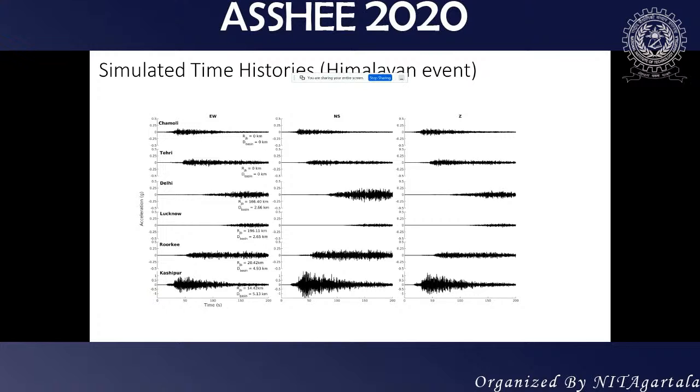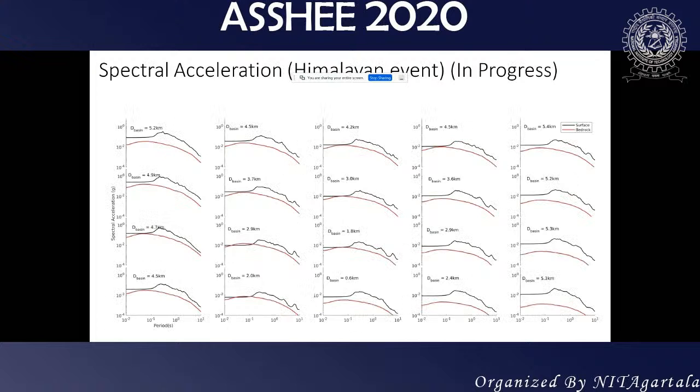I am just showing you some time histories like Chamoli, Tehri. We have a dam at Tehri also. These time histories look like this at Delhi, then Lucknow, Roorkee, Kashipur, at several stations. We have computed these numbers, and then these are the amplifications. At bedrock level, I have a station, and on the top of the surface also I have a station.